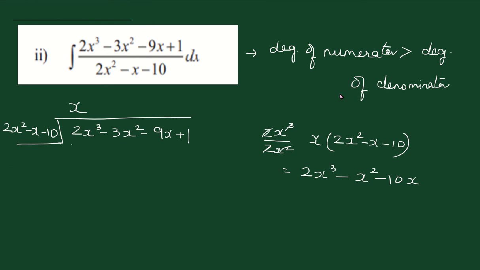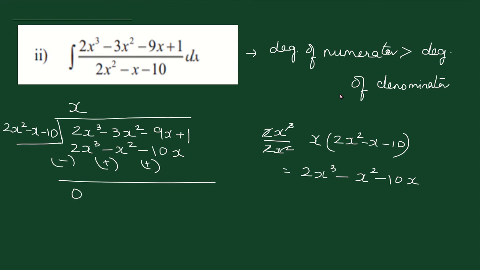So, we write it over here, 2x cube minus x square minus 10x. We change the sign throughout, and thus we get 2x cube minus 2x cube becomes 0. Minus 3x square plus x square gives us minus 2x square. Minus 9x plus 10x gives us plus x. And plus 1 remains as it is.